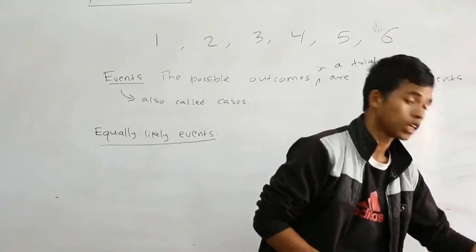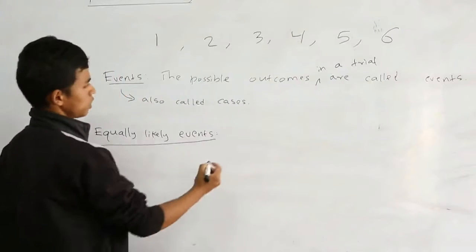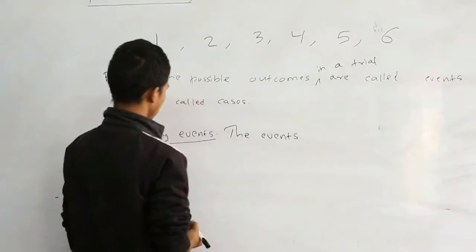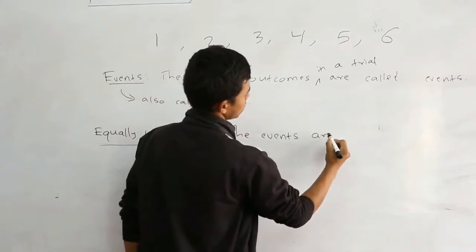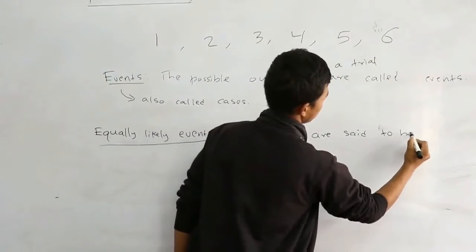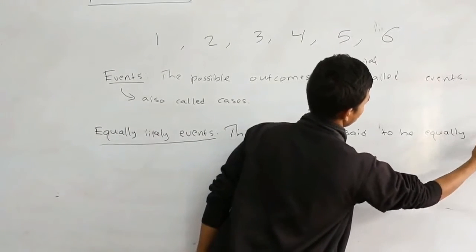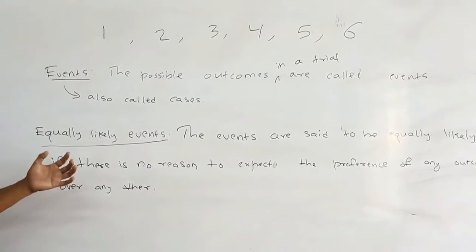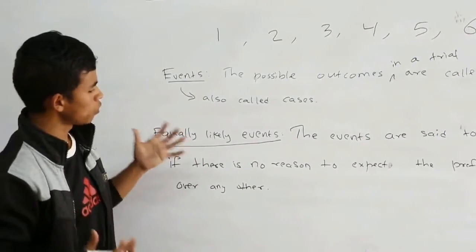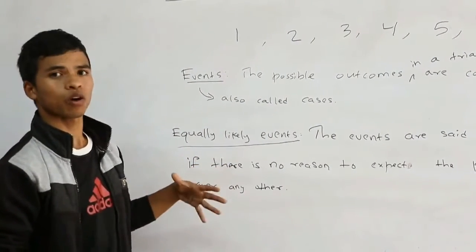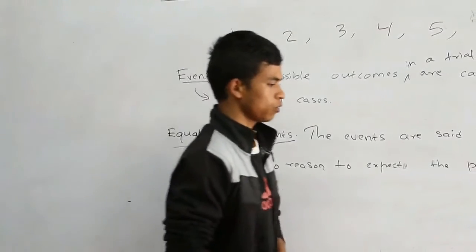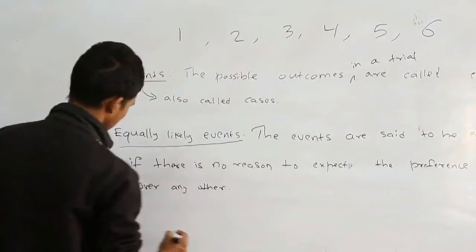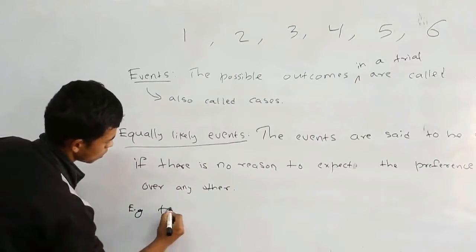That is what equally likely events means. If we have to define it, we'll define it this way: the events are said to be equally likely if we have no reason to expect the preference of any outcome over any other, just like the case of throwing a die. An example for this is tossing or throwing a die.